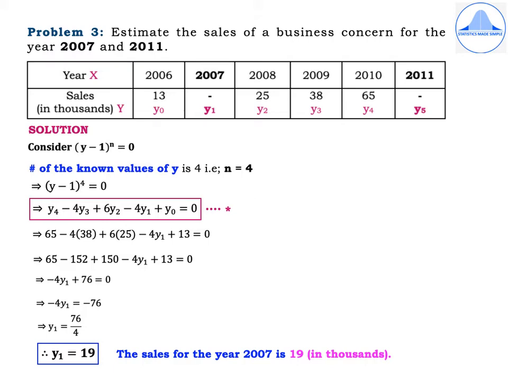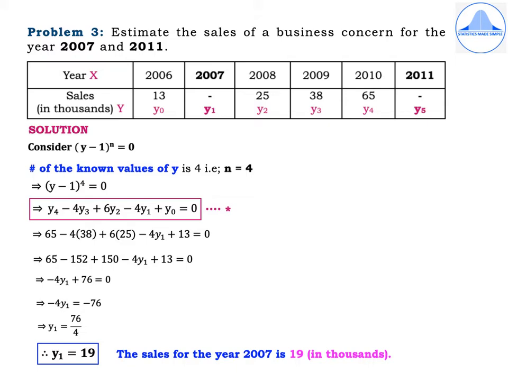Substituting the Y values, you will get 65 minus 4 into 38 plus 6 into 25 minus 4Y1 plus 13 is equal to 0, which implies 65 minus 152 plus 150 minus 4Y1 plus 13 equal to 0, which implies minus 4Y1 plus 76 is equal to 0, which implies minus 4Y1 is equal to minus 76, or Y1 is equal to 76 by 4, as the negative signs get cancelled.